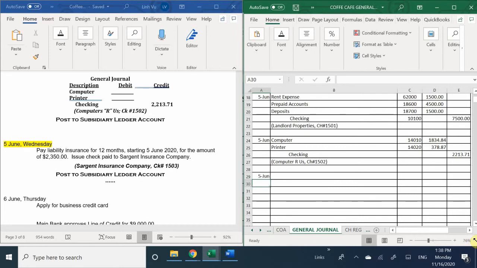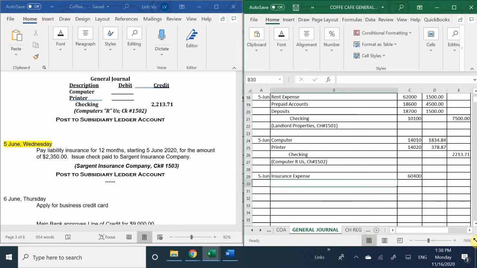So June 5th, I have insurance expense for account number 6400.